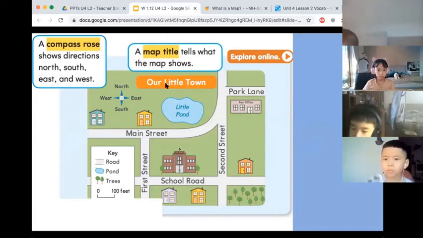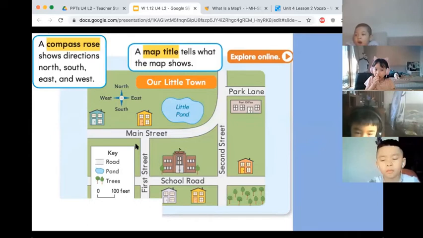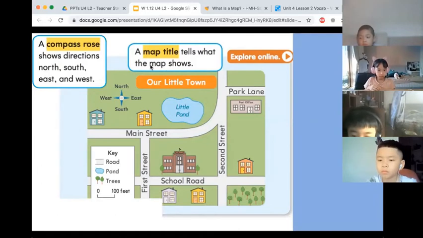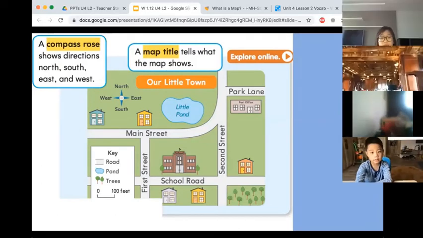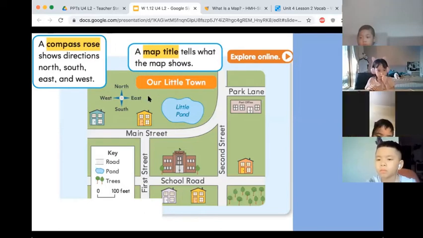A map title tells what the map shows. Excellent. So, why is the map title important? Why do we need a map title? Because to see where to go. Does the map title tell us where to go? No. What does the map title tell us?